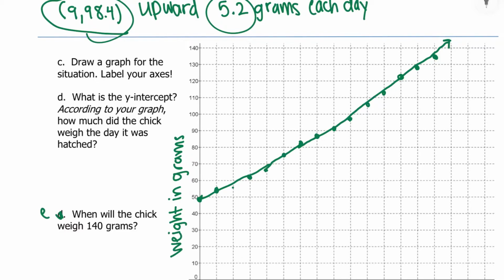So again, this is kind of estimates. We're around 50, so 50 grams.